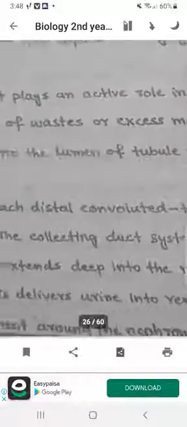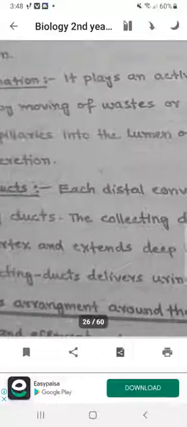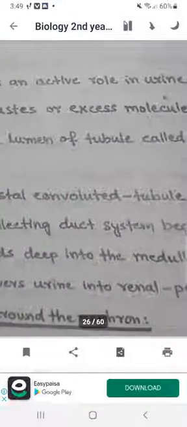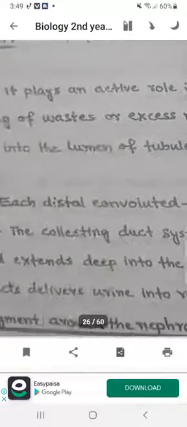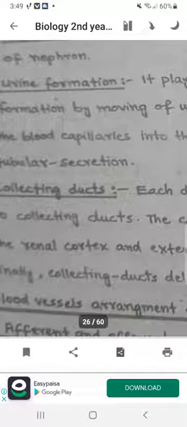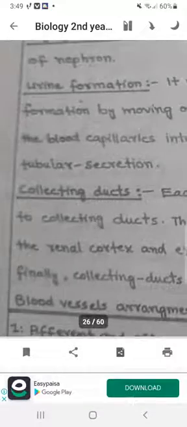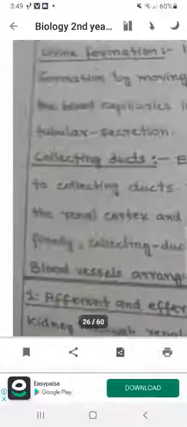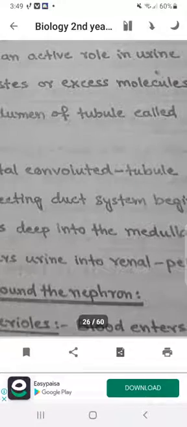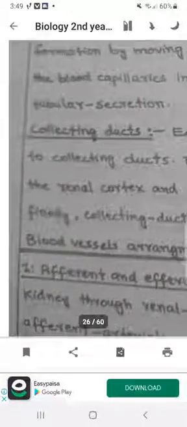It plays an active role in urine formation by moving wastes or excess molecules from the blood capillaries into the lumen of tubule, called tubular secretion.